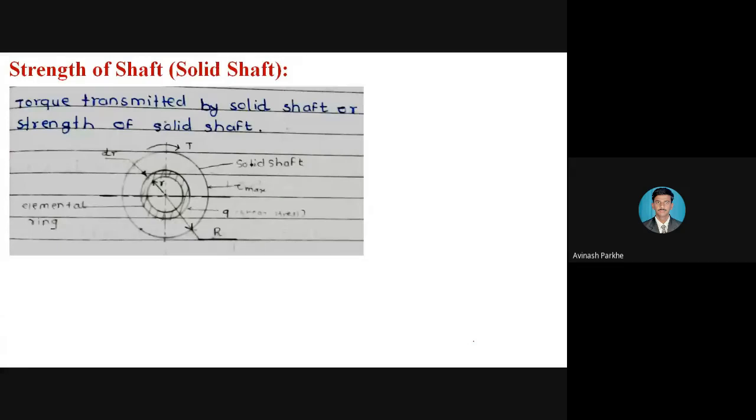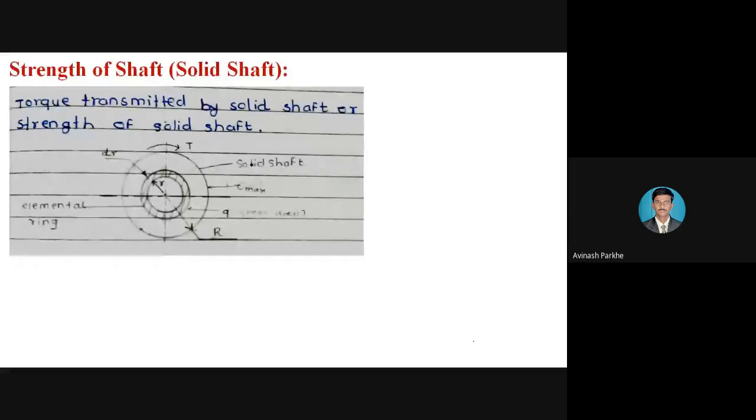As we know, the shaft is one of the rotating elements which transmits the power from one rotating element to another rotating element. For example, there is one shaft in rotating condition, and the rotation or power of that shaft we have to transmit to another shaft.